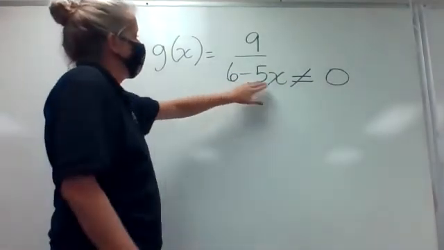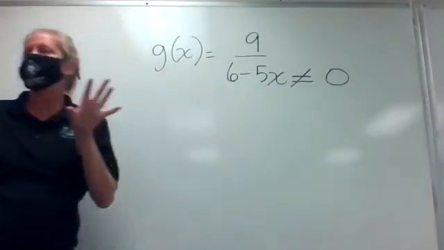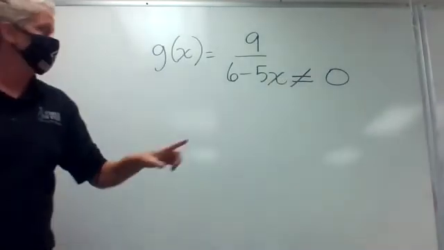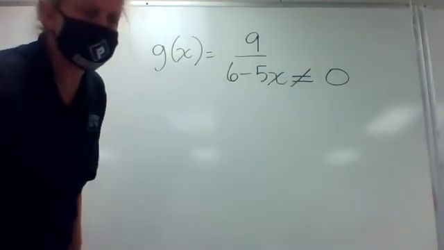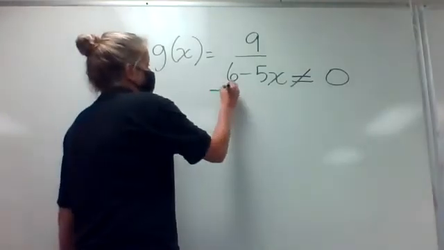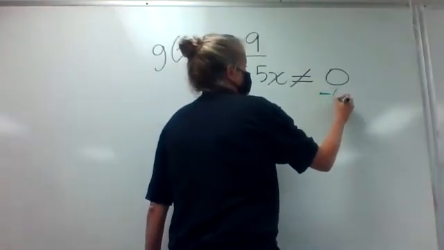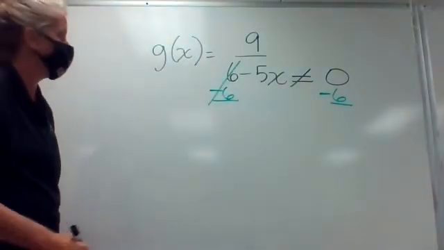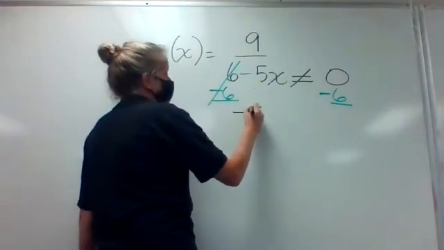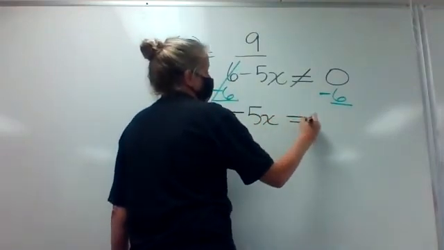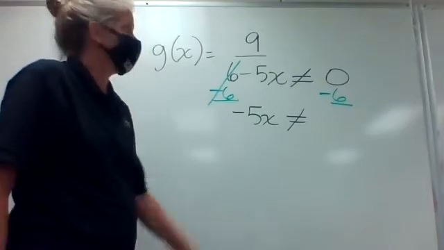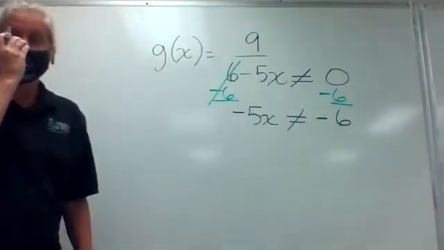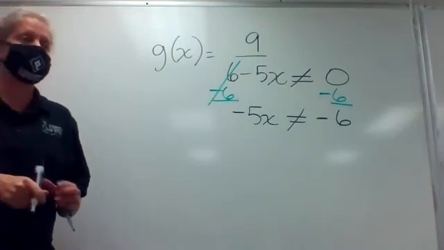Solve it for x. The number hooked onto the x never goes away until the last step, always. So I'm going to get rid of that positive 6 with a negative 6. I'm going to subtract 6 from both sides. So now I have negative 5x cannot equal 0 minus 6, which is negative 6. Now divide by exactly what's hooked on.